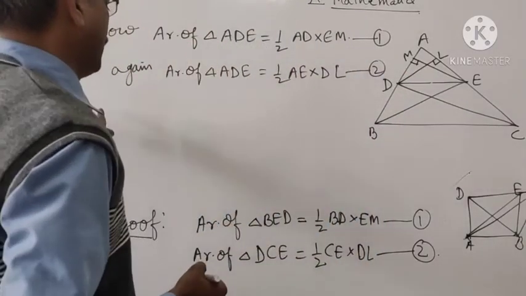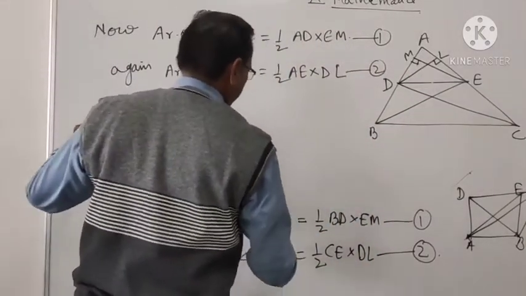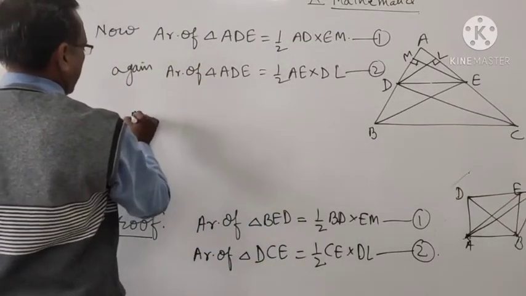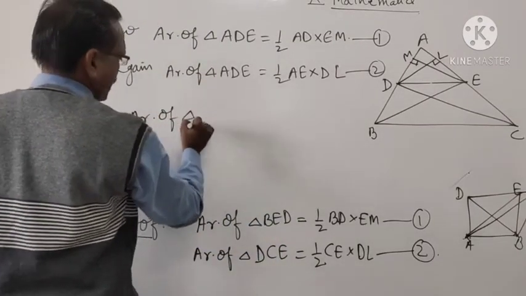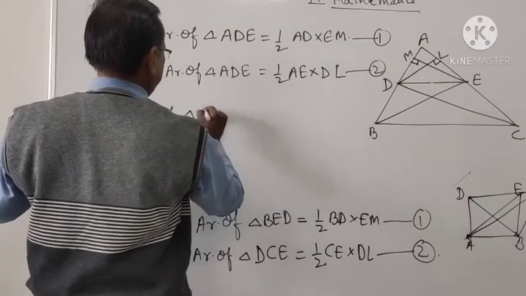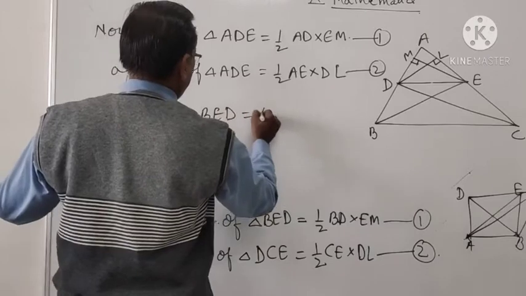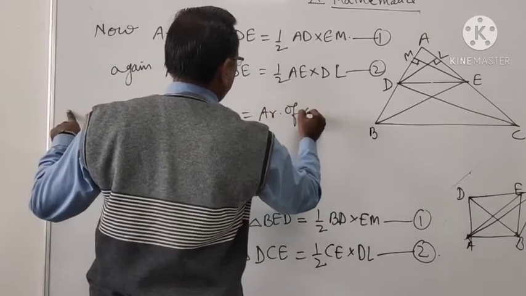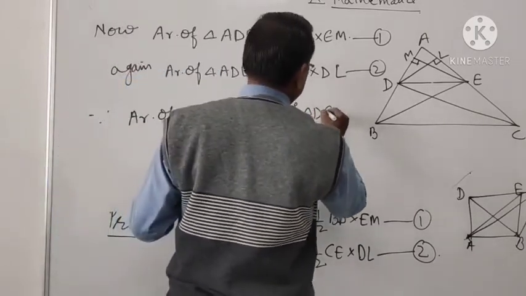Now, these two areas are equal: area of triangle BED equals area of triangle DCE.